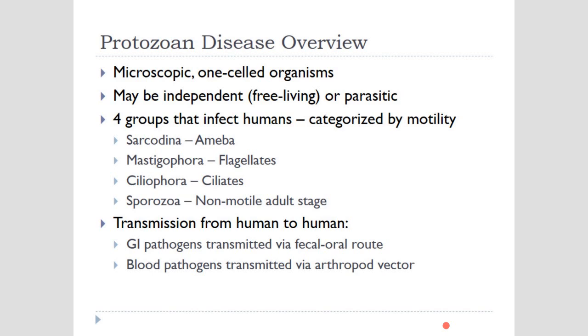Lice can play a vector, and there are a lot of other vectors. Fleas can become a vector. The whole idea is that they will draw blood from you and inject it into the other, as bad as a needle prick injury. That's pretty much it. So these are also called blood-borne pathogens.